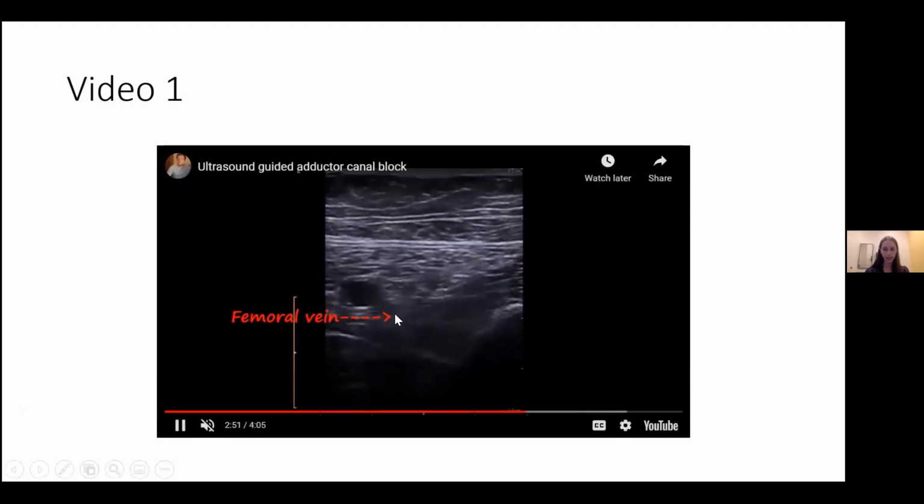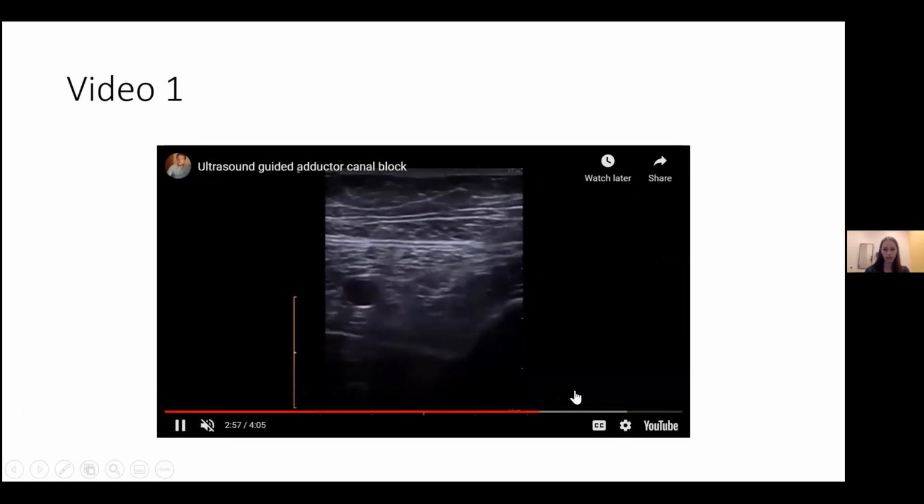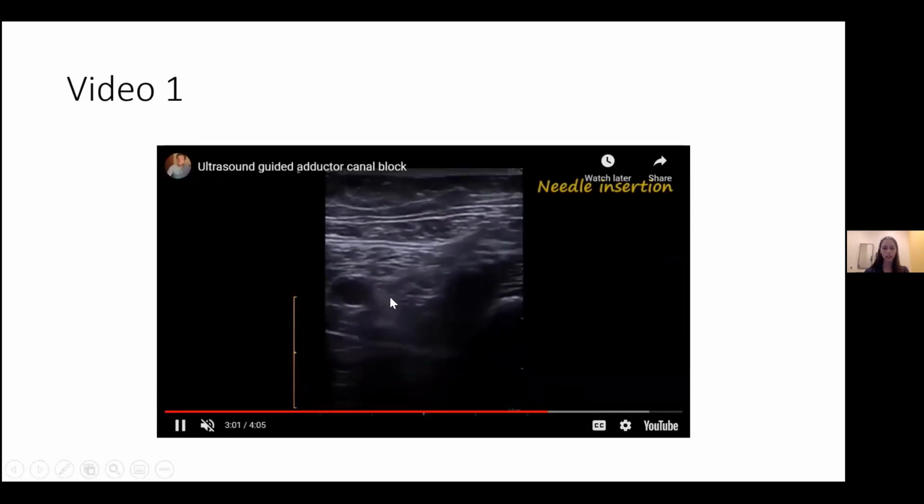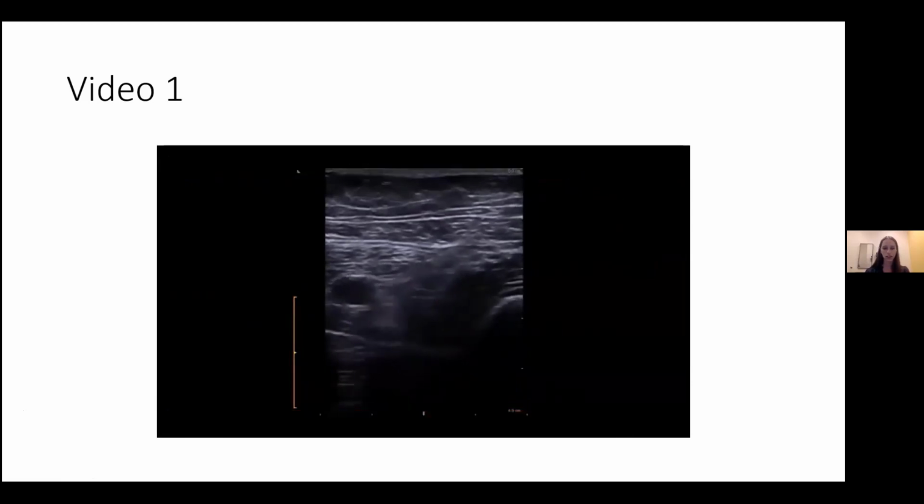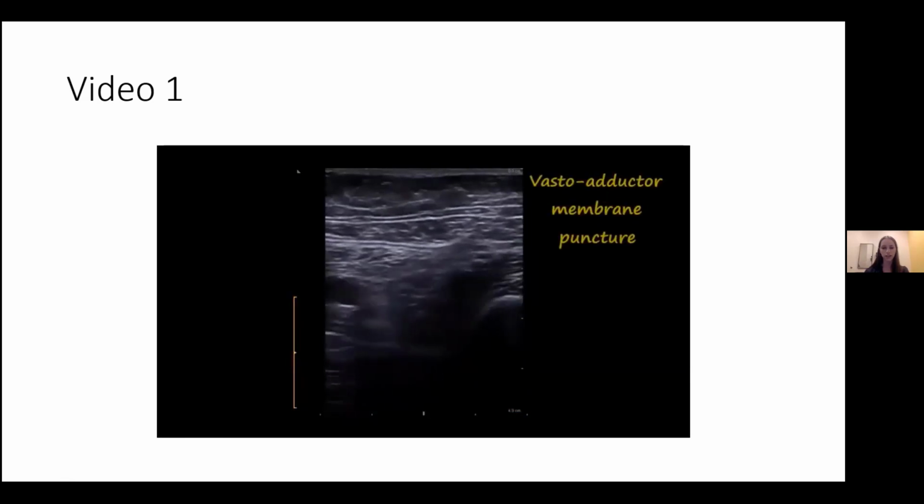And you can see that the vein is very hard to see, so it can be important to identify that. And so they're coming in laterally to medial to the lateral side of the superficial femoral artery there. And then you'll see a little bit of a pop or a give as they enter that vasoadductor membrane.